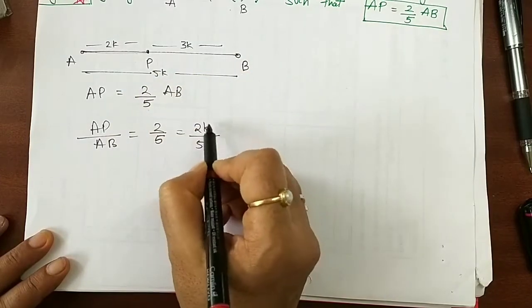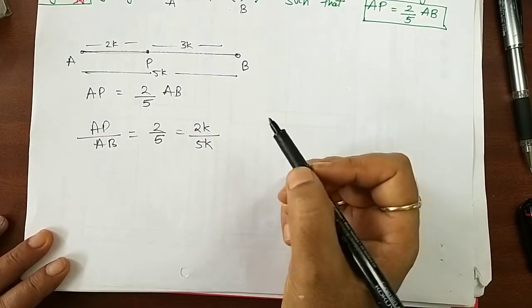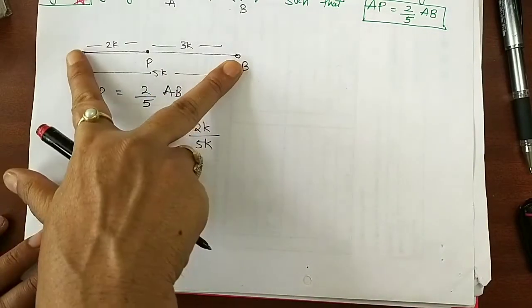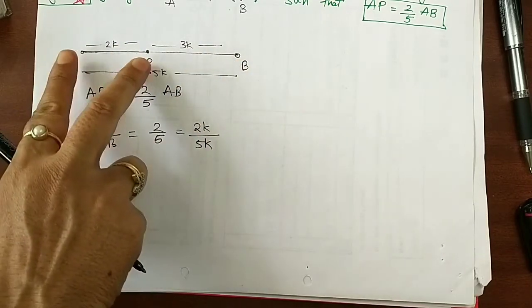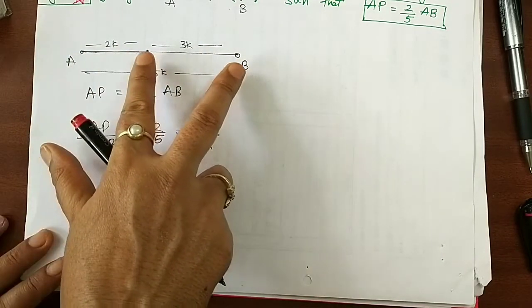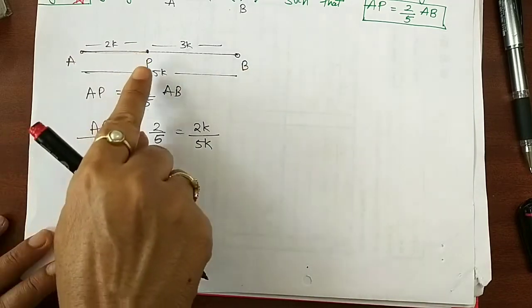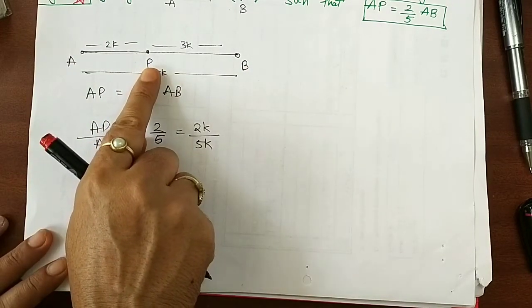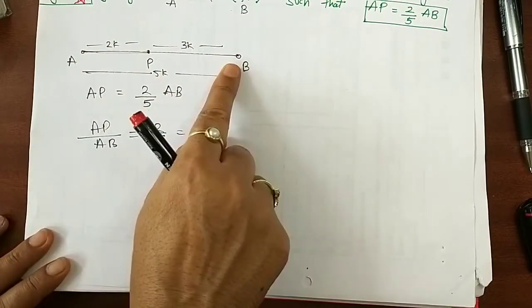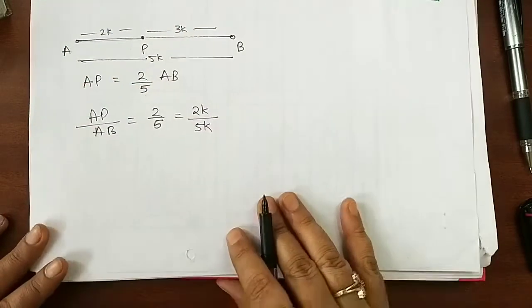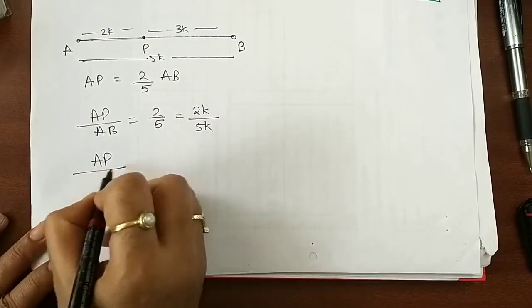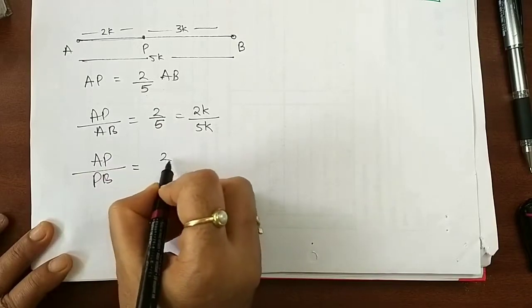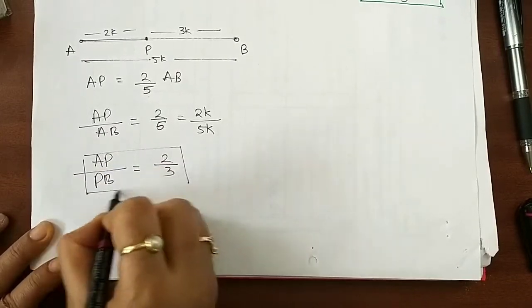I am just using some constant K. So if the whole line is 5 units and AP is 2 units, then PB has to be 3 units. So the ratio in which this point P is dividing these two has to be 2:3. Understood? So I can say AP by PB is 2 by 3. This is the ratio.